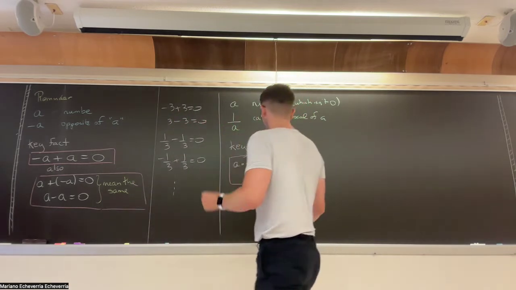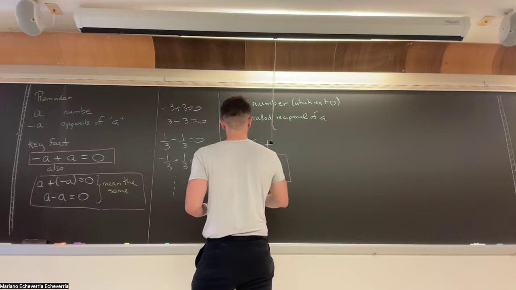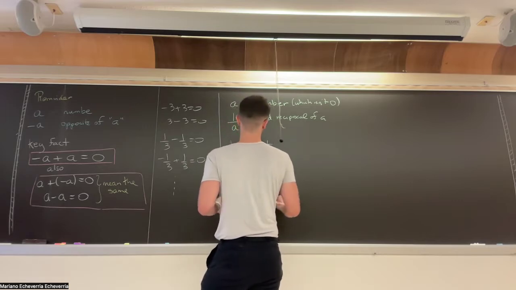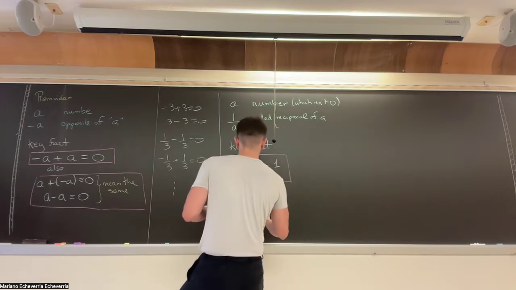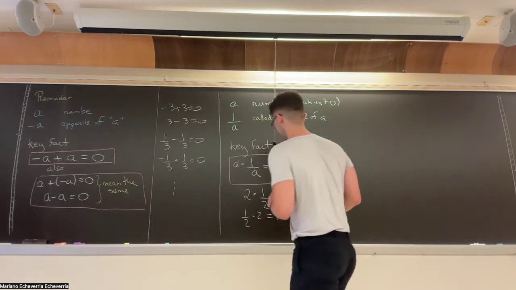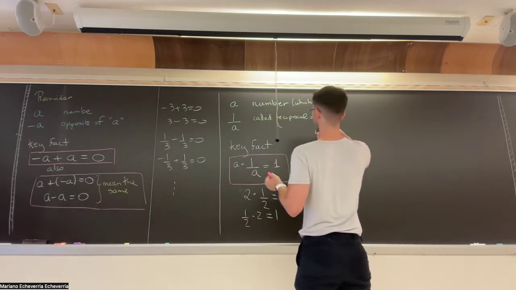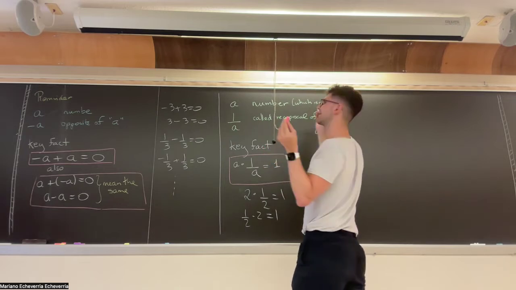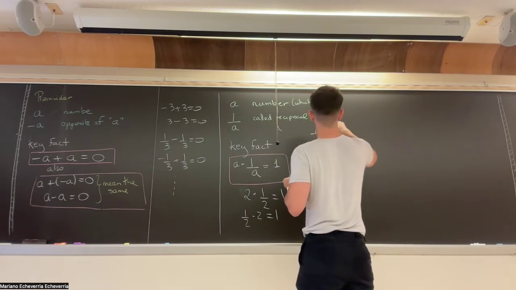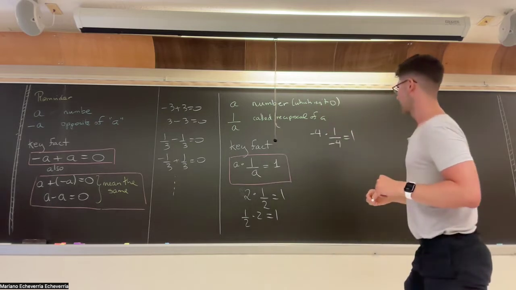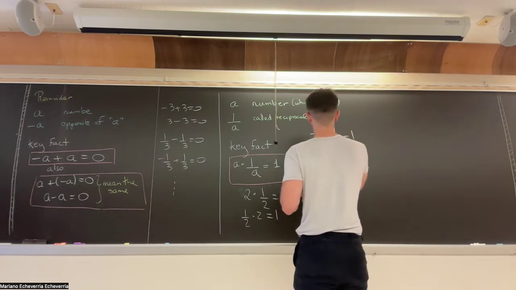So for example, 2 times 1/2 is 1. That's the same as 1/2 times 2. The same happens with any other number, and also with negative numbers, by the way. So -4 times 1/-4 equals 1. And again, you can write it in the opposite order if you like.